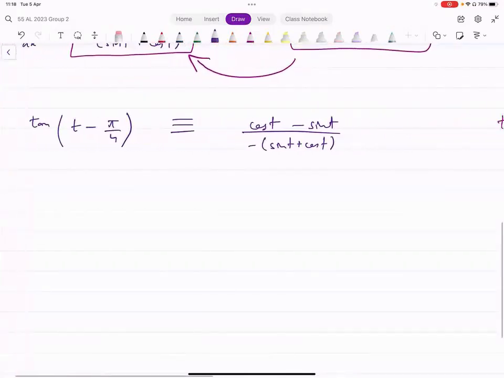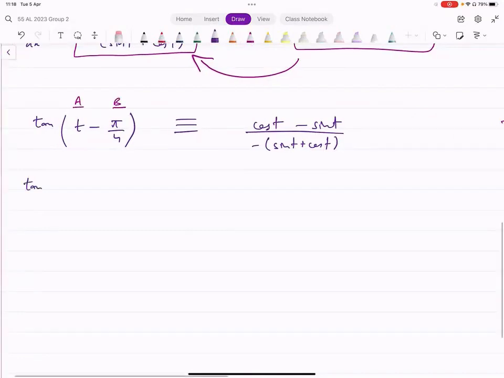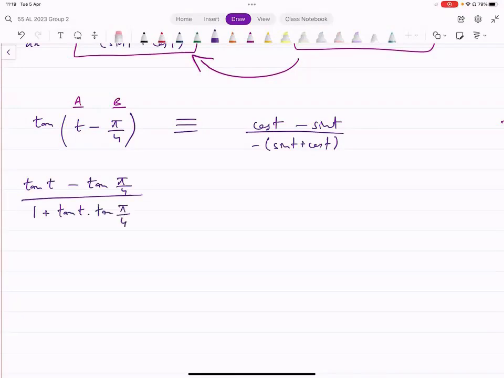Now let's expand this. We'll say this is a and this is b. So tan of a, which is t, minus tan of b, which is tan of pi over 4, divided by 1 plus tan t into tan pi over 4.